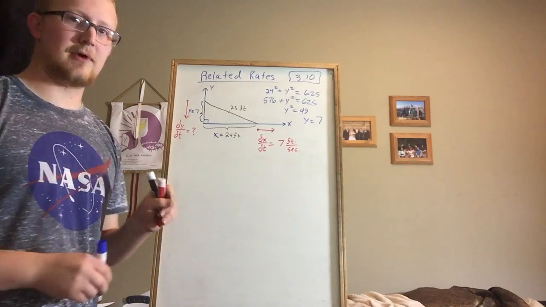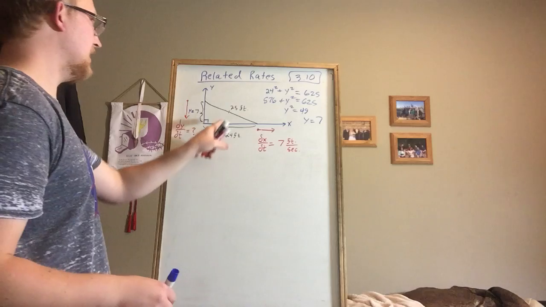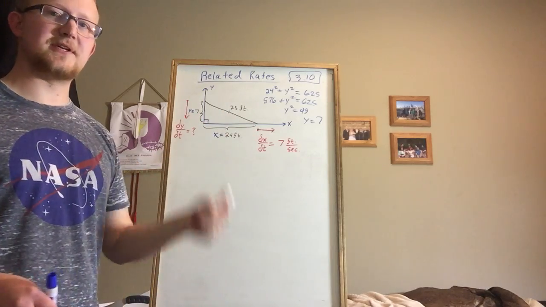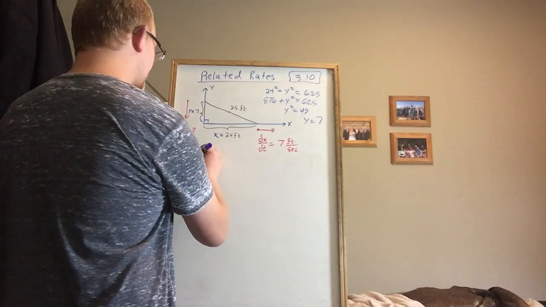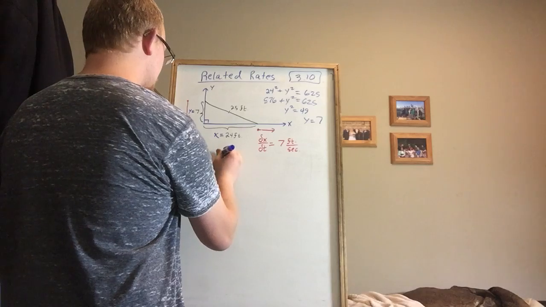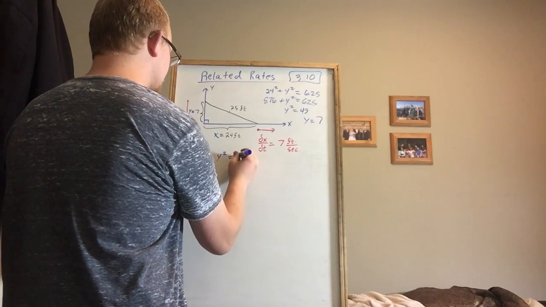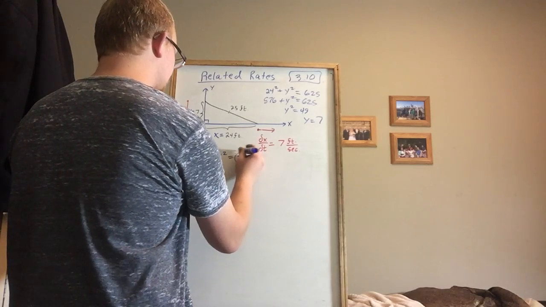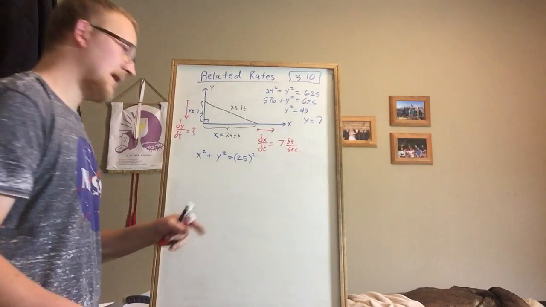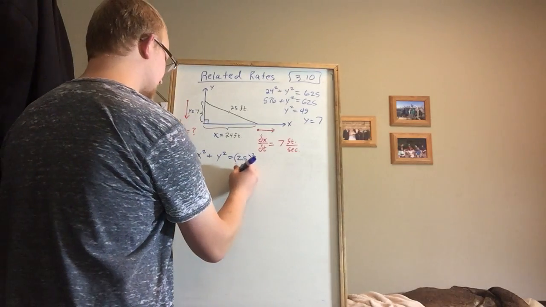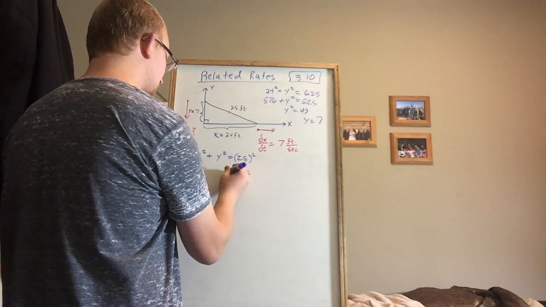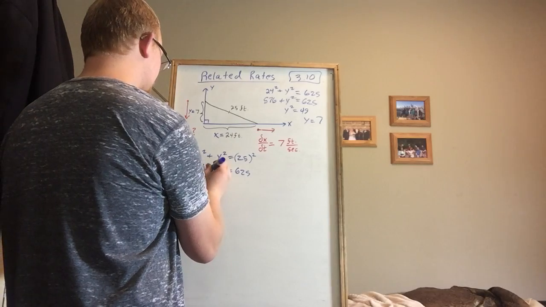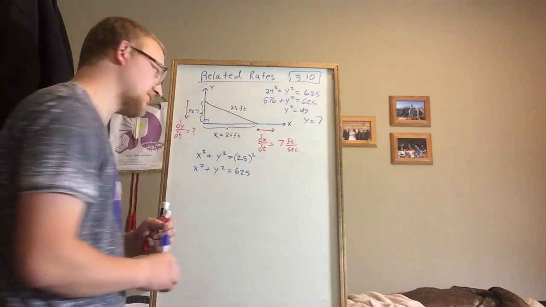And we'll write the Pythagorean theorem, because the length of the ladder is always 25 feet. So therefore we know that x squared plus y squared must equal 25 squared. And 25 squared is 625. And then we're left with x squared plus y squared equals 625.